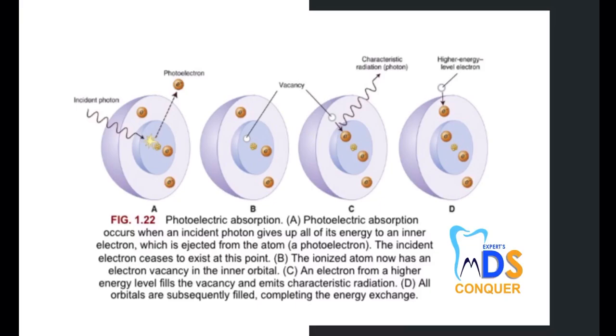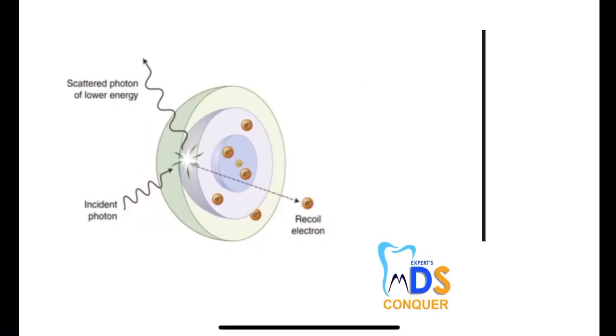Now the last and most important is Compton scattering. As a consequence, a lot of scattered photons are produced, which causes image fogging. Here the incident photon recoils the electron from the point of impact. This diagrammatic representation is very important for remembering these scatterings.